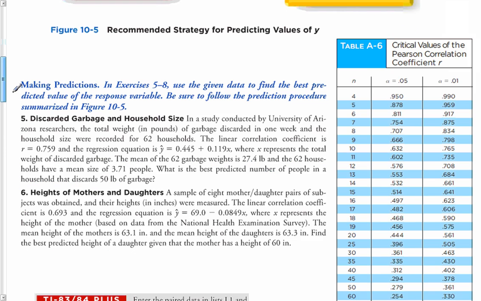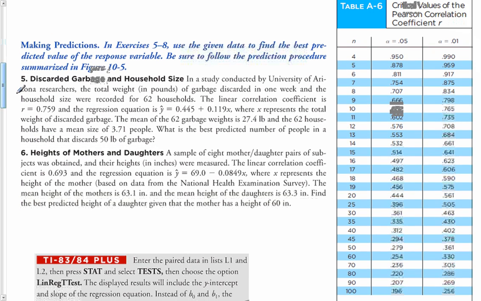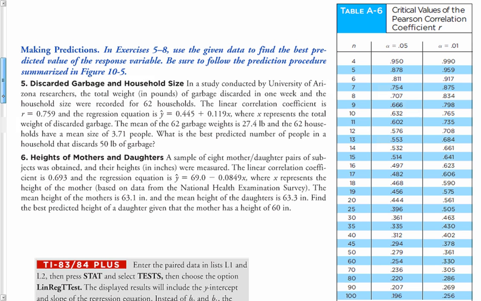Okay, let's look at these examples here. Making predictions. In exercises 5 through 8, use the given data to find the best predicted value of the response variable. Be sure to follow the prediction procedure summarized in figure 10-5. That's the prediction procedure we just went through.